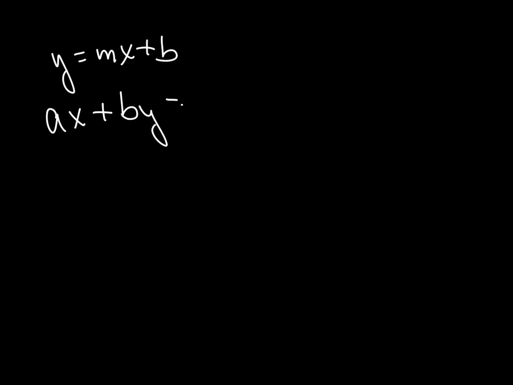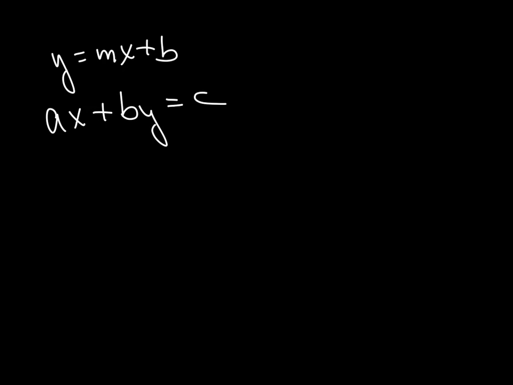So I showed you that slope-intercept form was y equals mx plus b. And there's also another form of an equation. It's called the standard form of an equation, and it's written as ax plus by equals c.